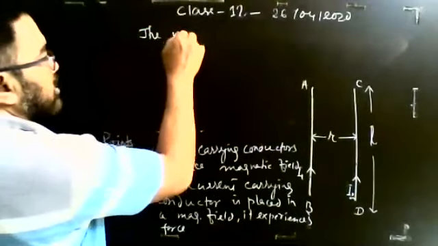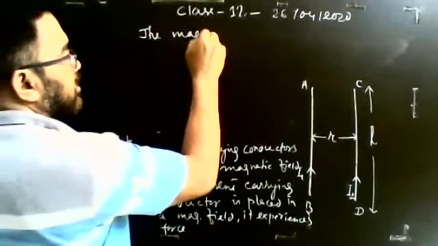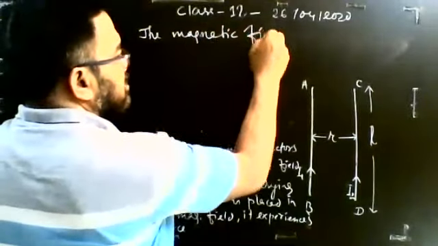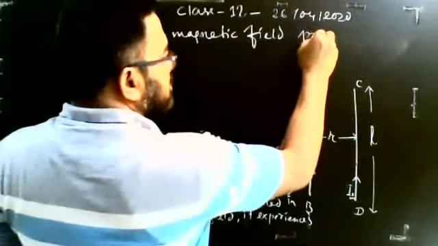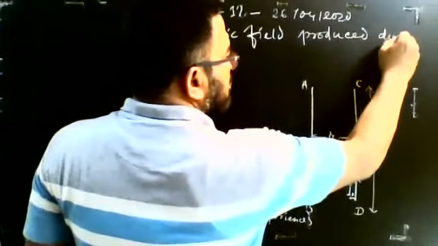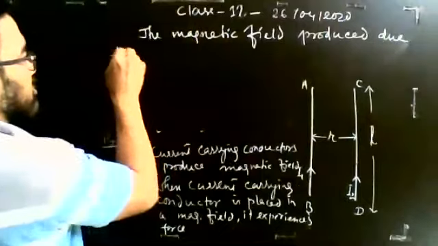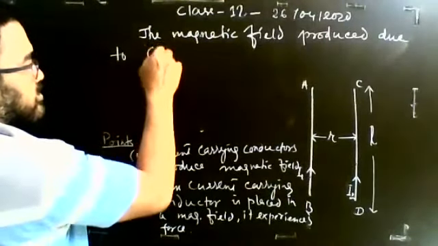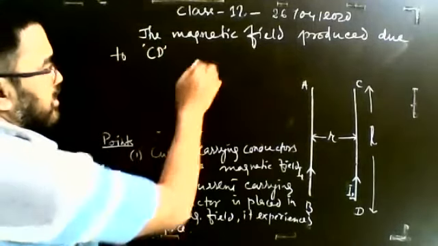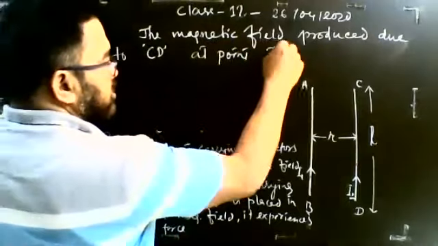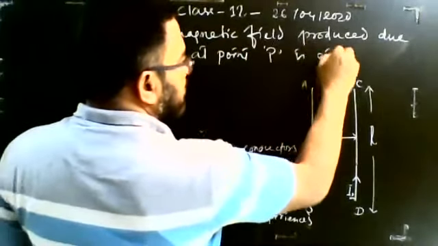The magnetic field produced due to CD at point P is given by.